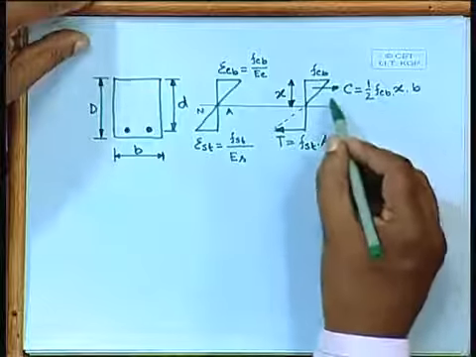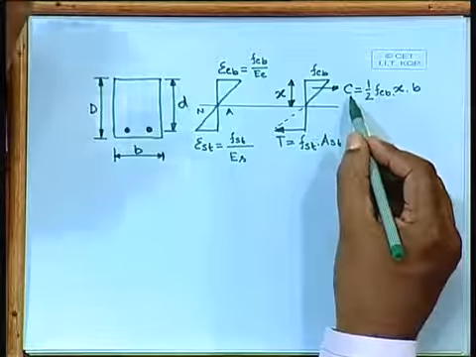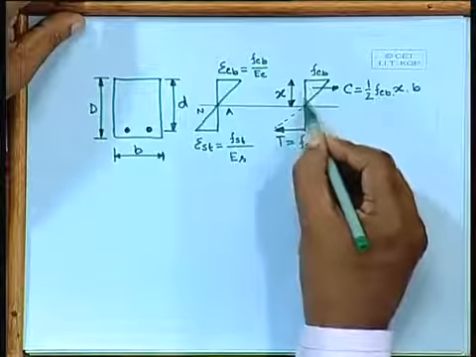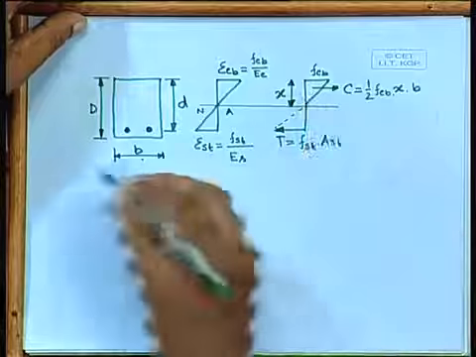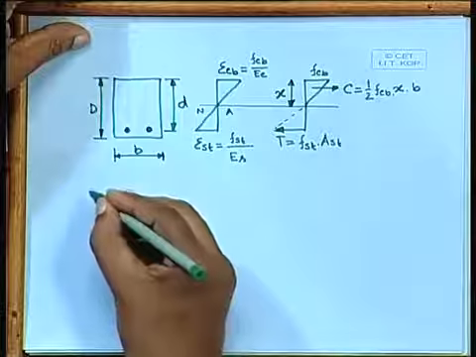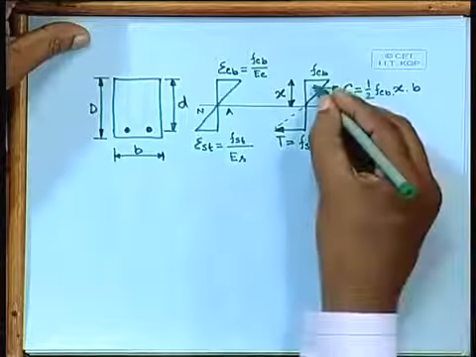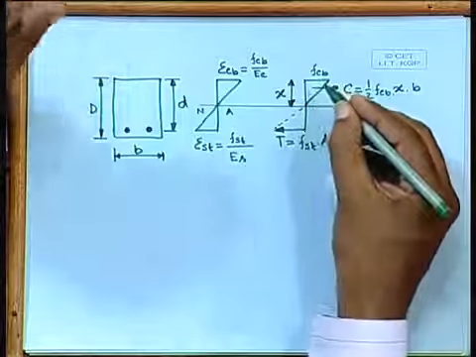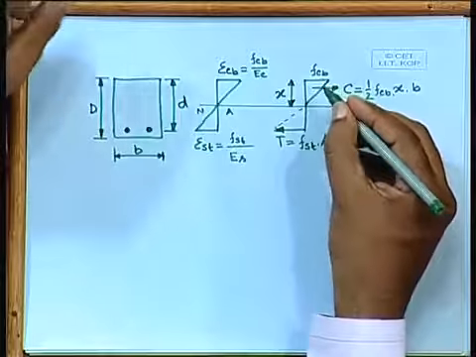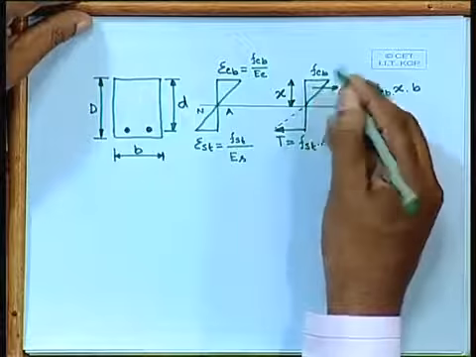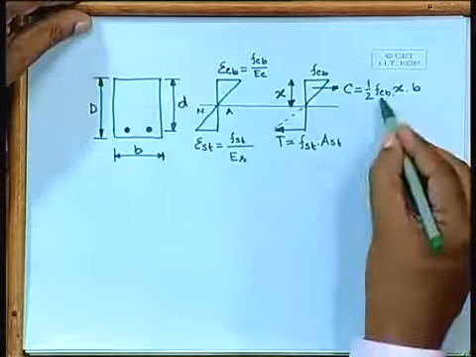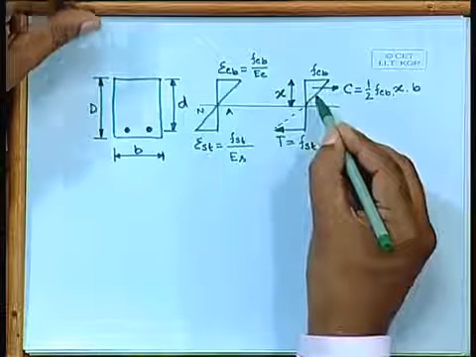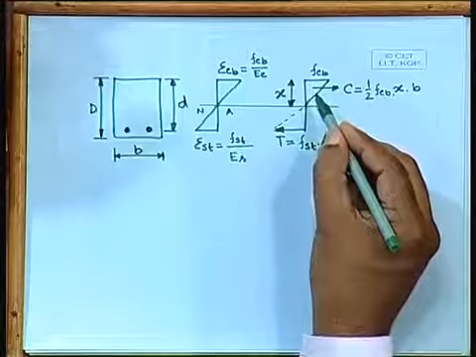So we are considering that the compressive force in the concrete will be equal to the volume of this stress block, which is a triangular wedge, and along the depth also you will get it. So half FCB times x, a triangular prism to be more specific.